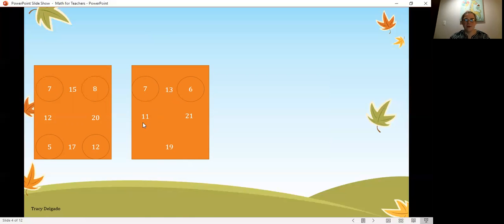And this one we could do 11 minus 7, or 7 plus blank equals 11. And that will give us answer 4. And for this one, we could do 6 plus blank equals 21, or 21 minus 6, that will give us 15. And when we add 15 plus 4, that gives us 19.